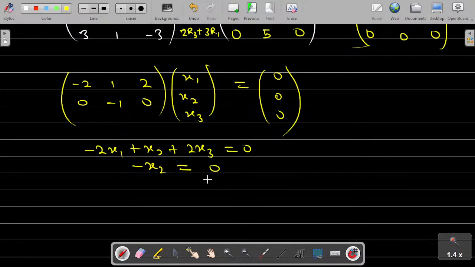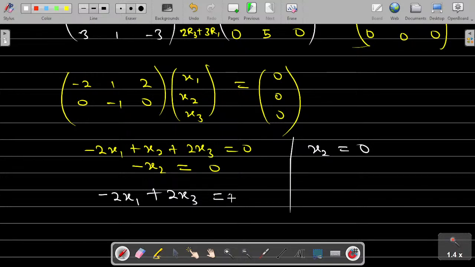So what it means is that my x2 is equal to 0. And then if x2 is 0, you can now substitute here to get your x1 and x3. So that means I will have minus 2x1, this will go away, so I will just have plus 2x3 is equal to 0.